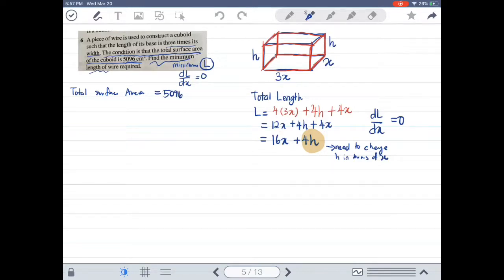If you look at the picture, the area should be 3x times h.